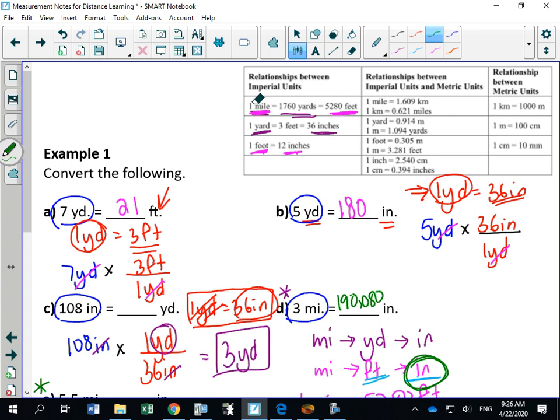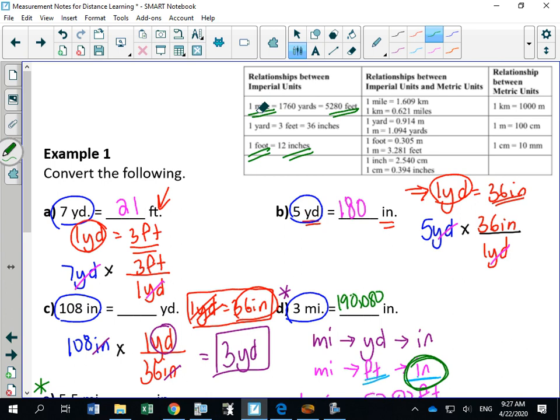So let's go to our formula sheet. Let's find the pathway a mile to an inch. So, and let's take a different pathway. Or we could do the same pathway. Let's see, 1 mile goes to 5280 feet. And then once we get a foot, we could go to an inch, right?